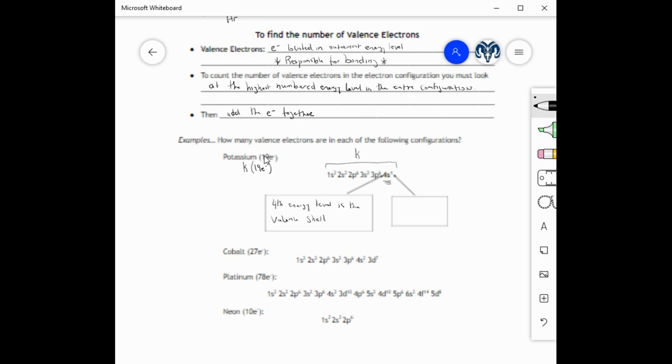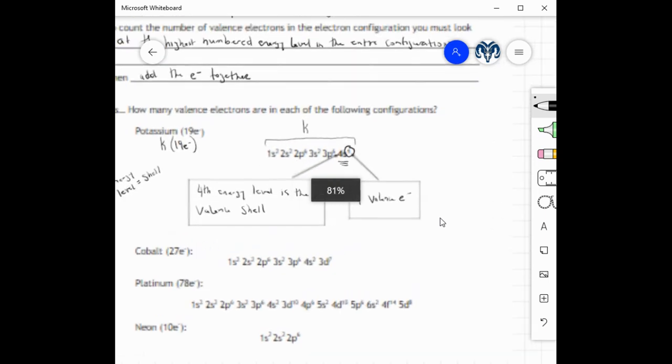And just to remind you, the energy level equals the shell, same thing, basically. So how many electrons do we have? 1 valence electron. So there's 1 electron in the outer shell. So let's look at the next one.